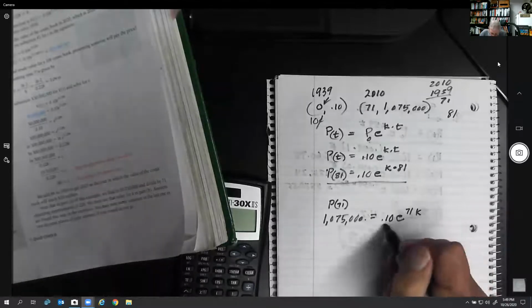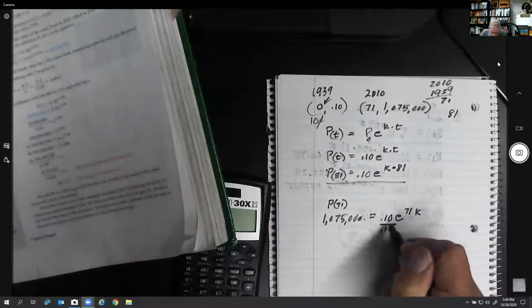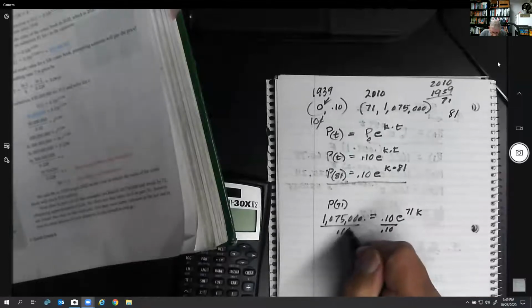So first thing I'm going to do is divide by 0.10. There's a couple of different ways you can do this.